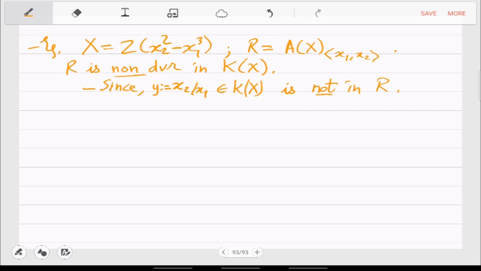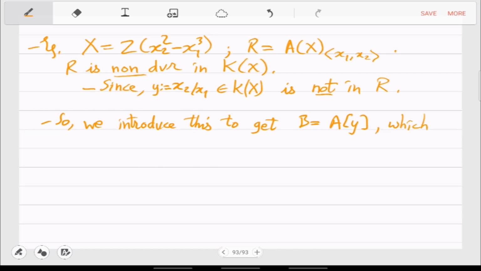Although you had this integral equation y squared equals x1, right? So you have to introduce this. When you introduce y, you get to a DVR, to get B, which is just R[y], which is a DVR in the function field.